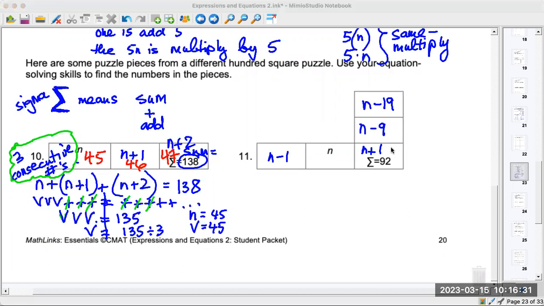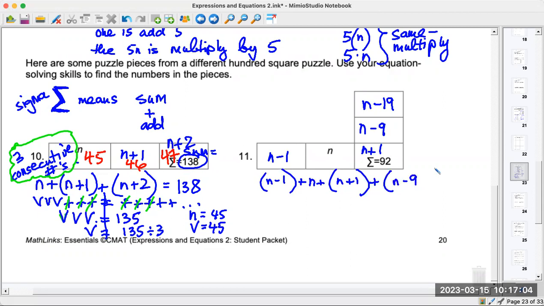Now the sum is 92, but I have to add all of these up. So I'm going to write it out. Watch. I'm going to count my n's. 1, 2, 3, 4, 5. 5n. Or you can write n minus 1 plus n plus n plus 1 plus n minus 9.